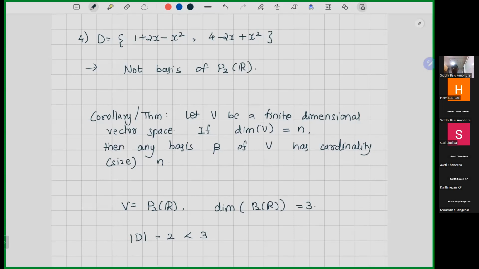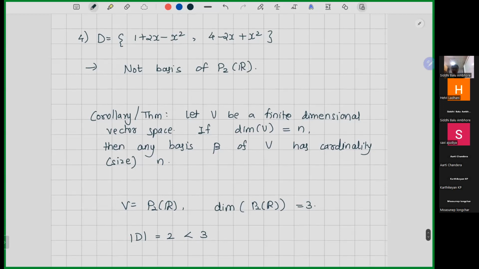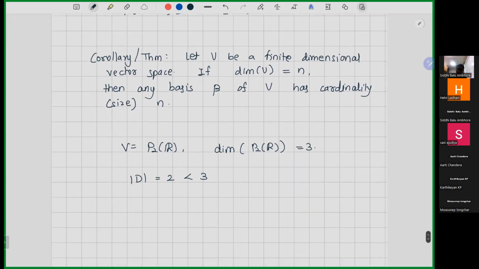Any doubts here? Do you understand this theorem? What does this theorem say?